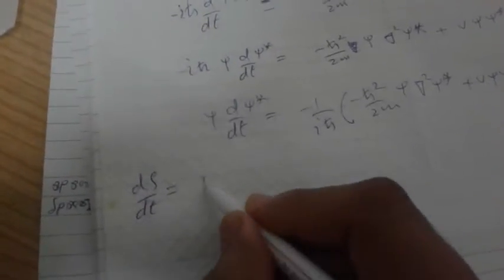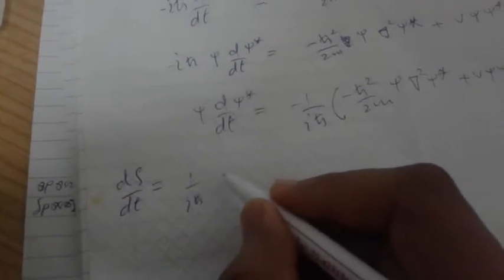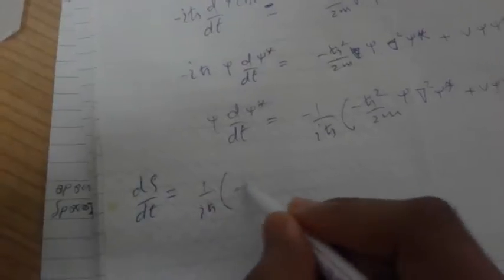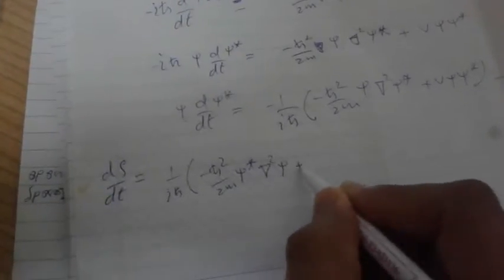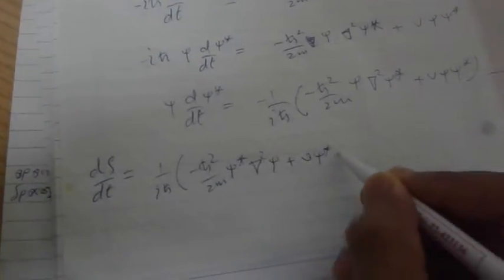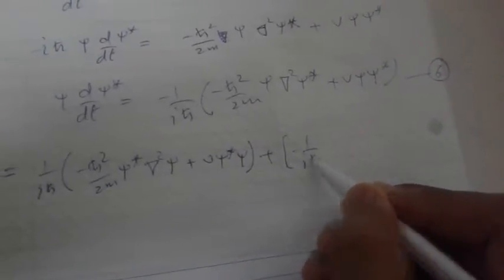It is equal to 1 over iota h cut into minus h cut square over 2m psi star del square psi plus v psi star psi plus minus 1 over iota h cut.